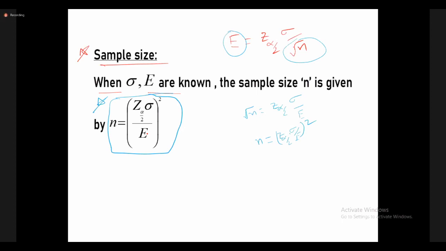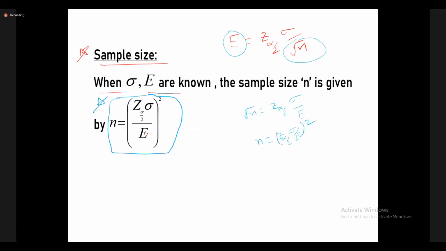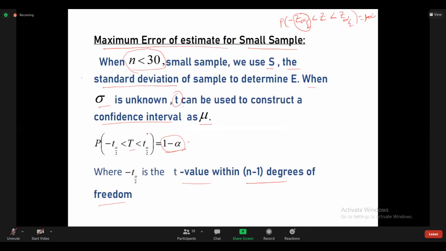First one is the confidence interval, second one is the maximum error, capital E, and third one is the sample size, small n. All of you remember these three formulas for large samples. Same thing for small samples.